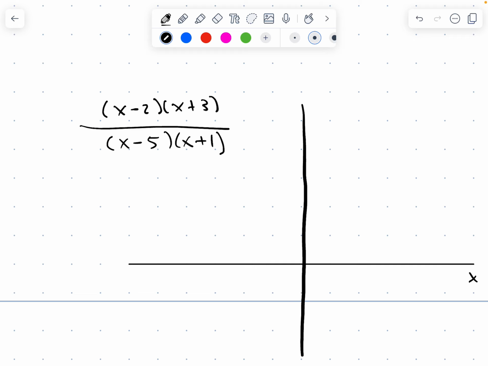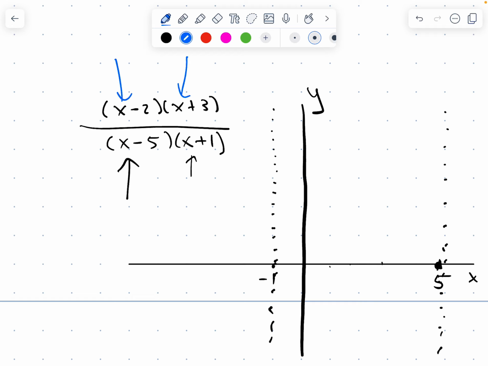So this is our x, this is our y. Now the value of x that makes the bottom 0 is 5. 1, 2, 3, 4, 5. And right here, the value of x that makes the bottom 0 is negative 1. So along these points, you have a vertical asymptote. And now on the top, these are the values of x that make the top 0, positive 2 and negative 3. 1, 2, 3. All right, so we have all of these different values.